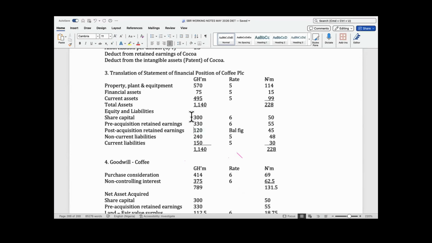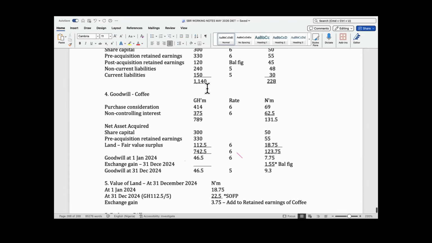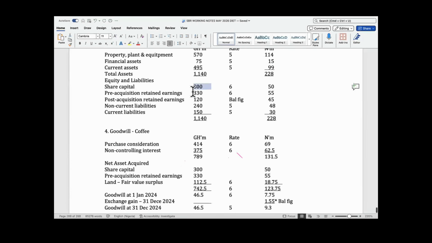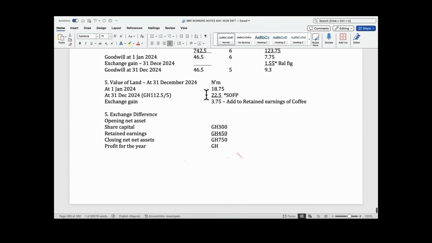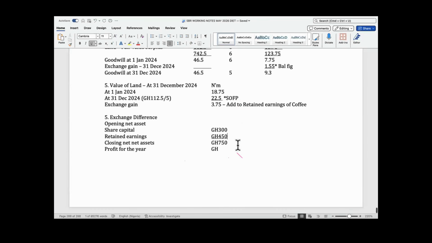In fact, this plus this is my opening net asset: 300 plus 330 gives me my opening net asset straight. Let me call this pre-retained earnings.